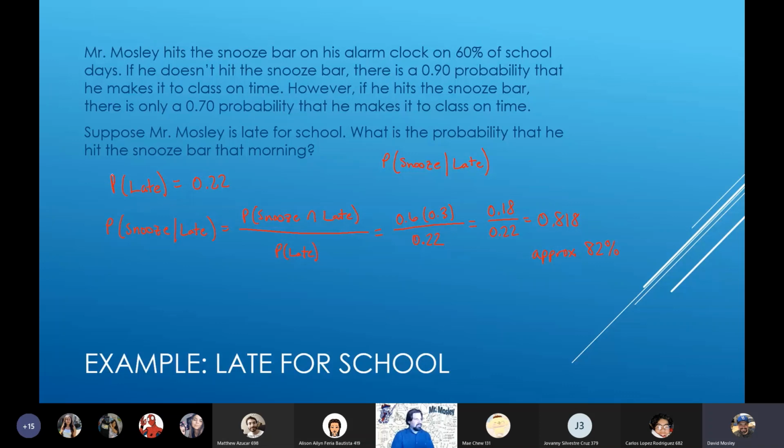And we have the fact that the probability of snooze and late is equal to the probability of late and snooze. Those are equivalent. So that allows me to use the results from the previous part of the problem.